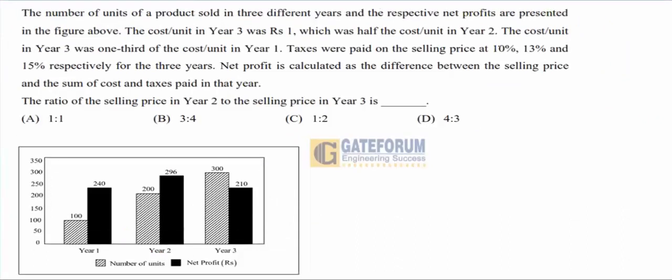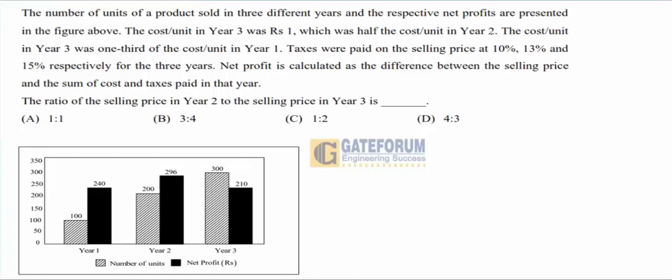The number of units of a product sold in 3 different years and the respective net profits are presented in the figure above. The cost per unit in year 3 was Rs1, which was half the cost in year 2. The cost per unit in year 3 was 1/3 of the cost in year 1.